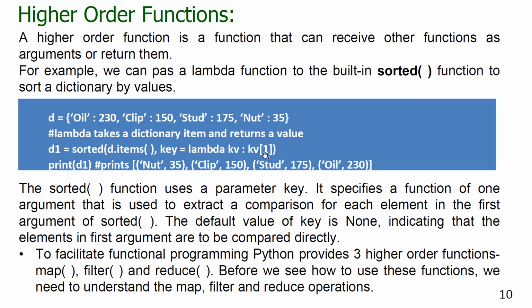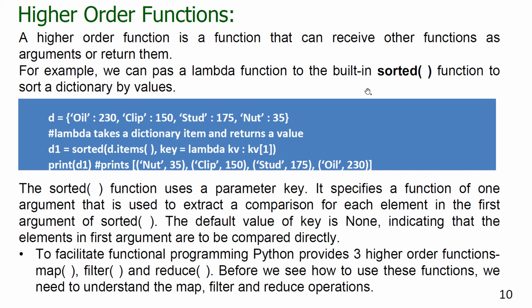So kv of 1 is based on value; we are going to sort the dictionary by value. Print d1. By this statement we are sorting the dictionary and printing it. The output will be nut 35, clip 150, stud 175, oil 230.